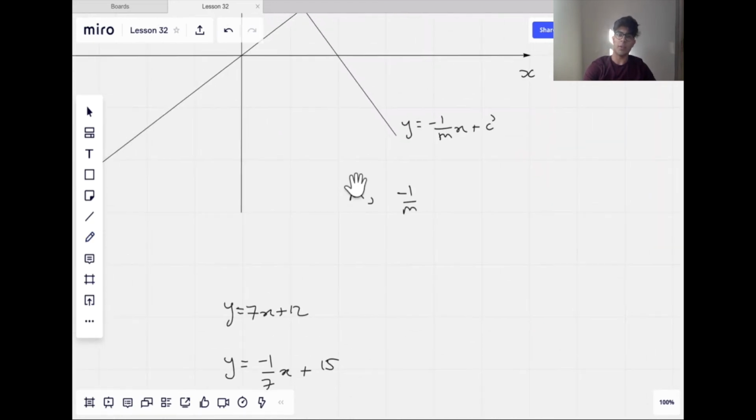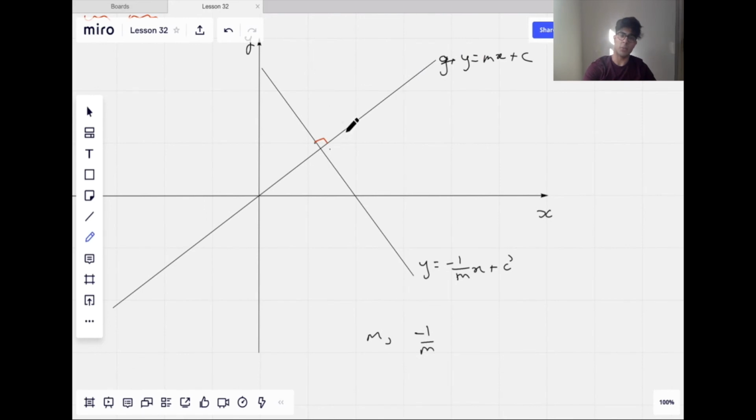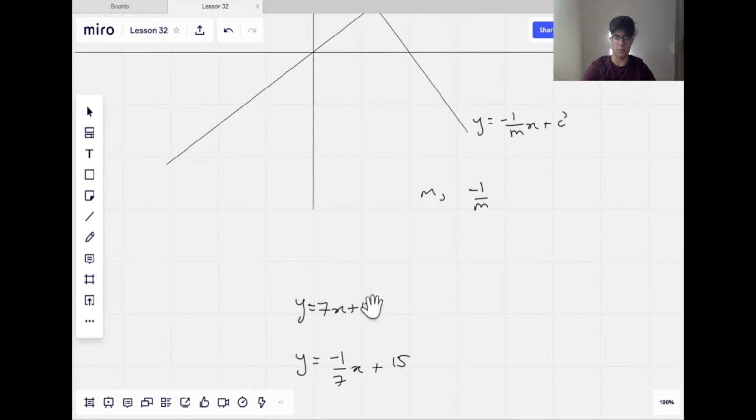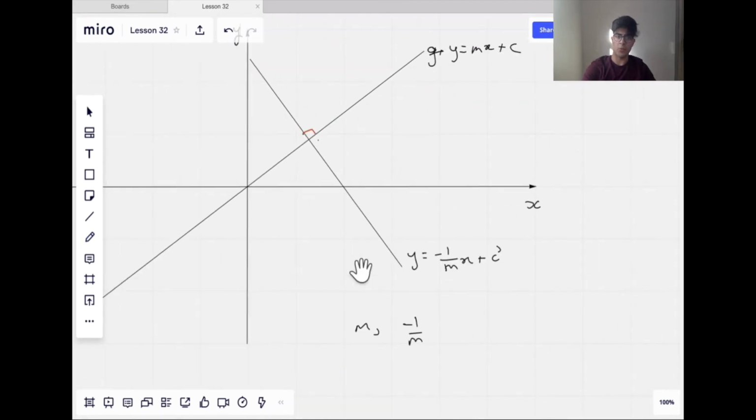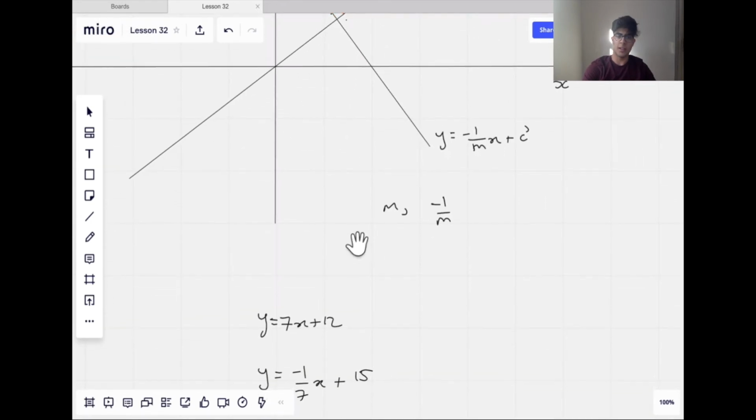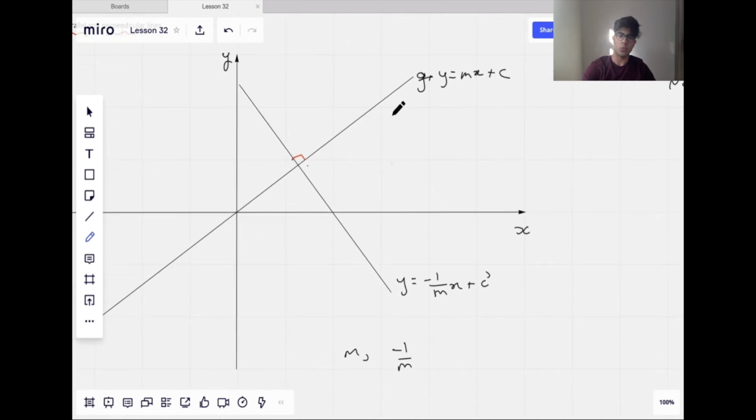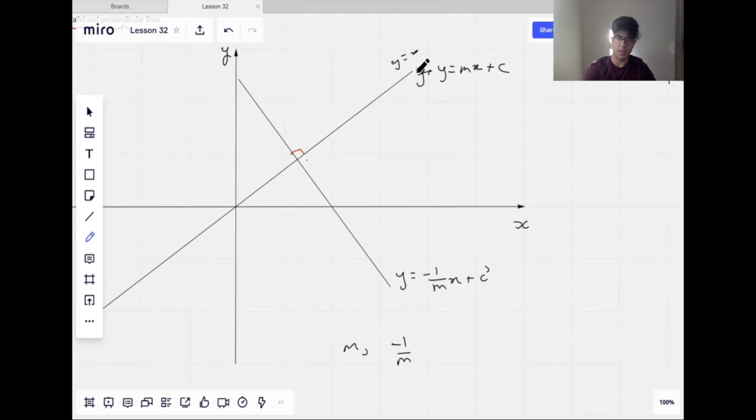Because if you think about it, there's actually an infinite number of lines that are perpendicular to y equals 7x plus 12. So let me switch to an easier example. Say I'm looking at y equals x. Of course, this line is perpendicular to it: y equals minus 1 over 1, x, plus, I don't know, maybe 8.